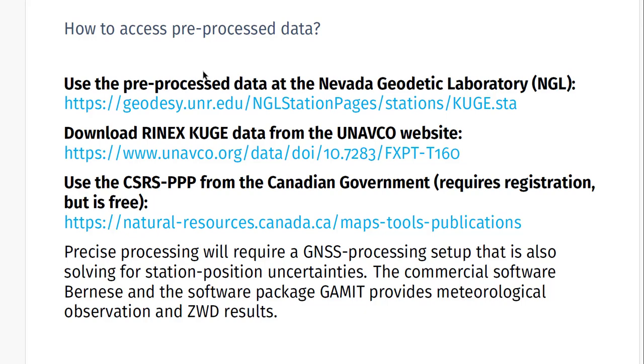Anybody have an idea of where the KUGE station is located? It's about 100 meters from here. It's that station that is down there. It's that station here on campus that UNESCO installed a couple of years ago, and it is one of the few stations that produce live data within Nepal.